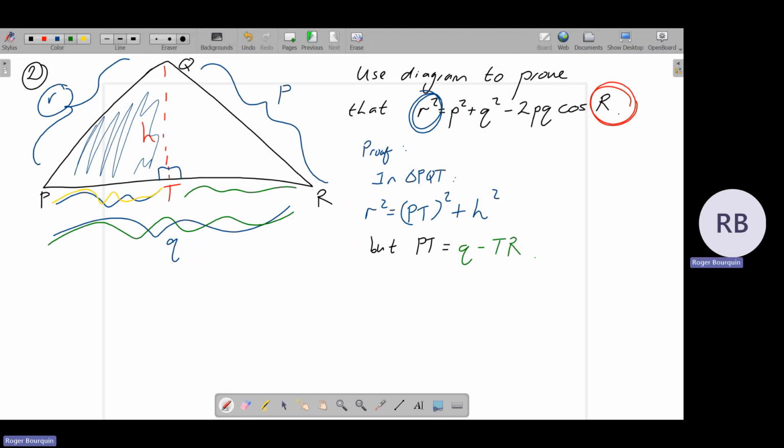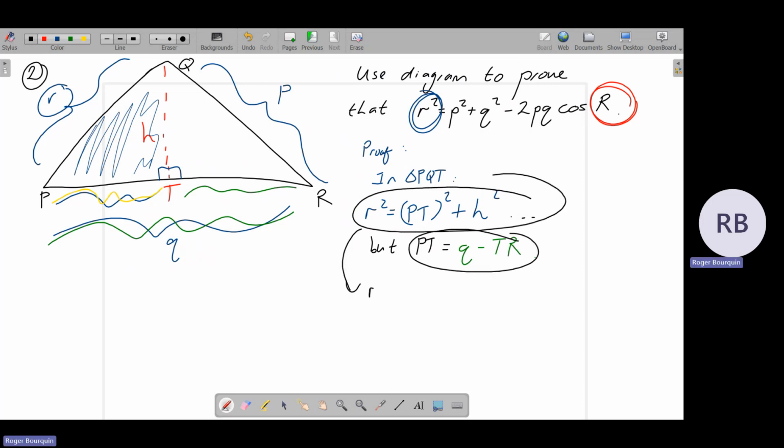So therefore, I can substitute and replace PT with Q minus TR. So I end up with R squared is equal to (Q minus TR) squared plus H squared.